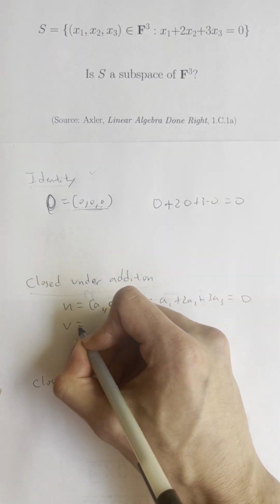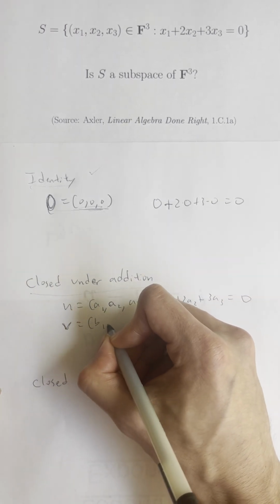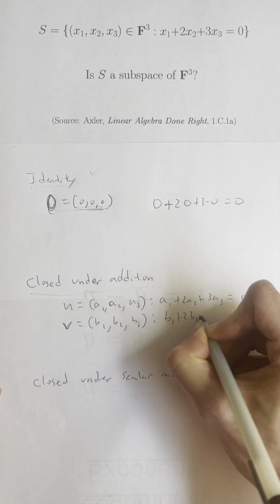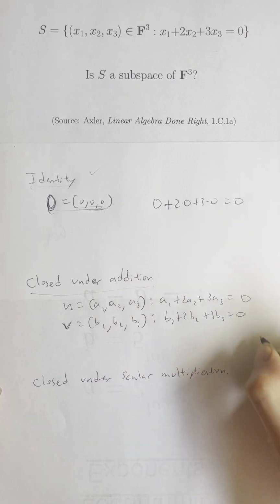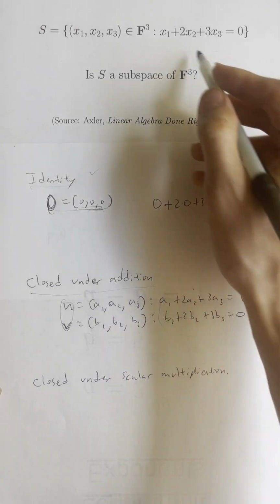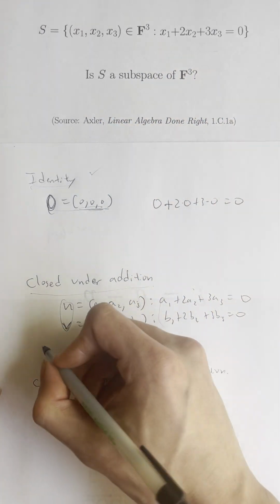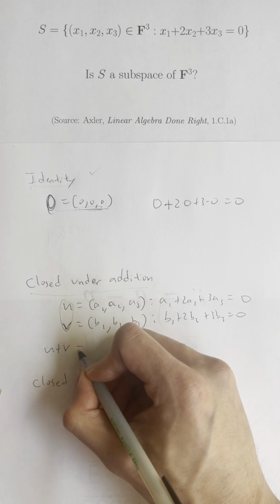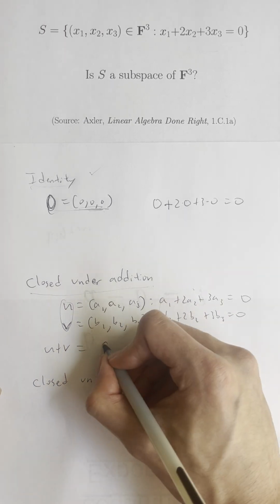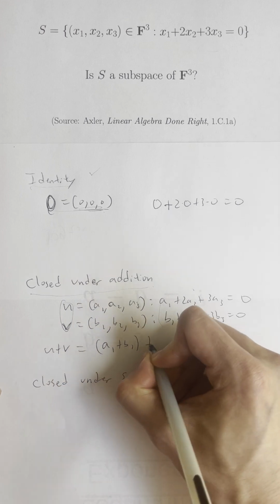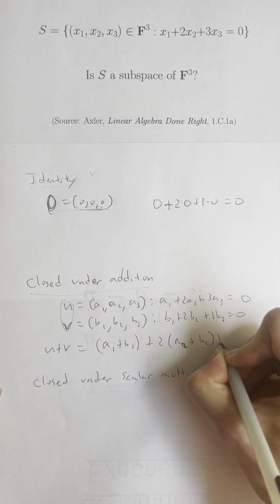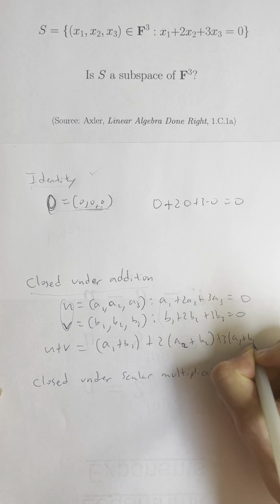And I'm going to let v be equal to b1, b2, b3, such that b1 plus 2b2 plus 3b3 is equal to 0. So we're going to add them and check if this condition is still met. So u plus v is equal to a1 plus b1 plus 2 times a2 plus b2 plus 3 times a3 plus b3.